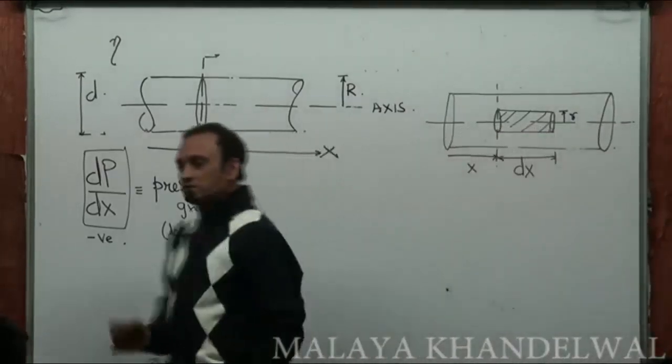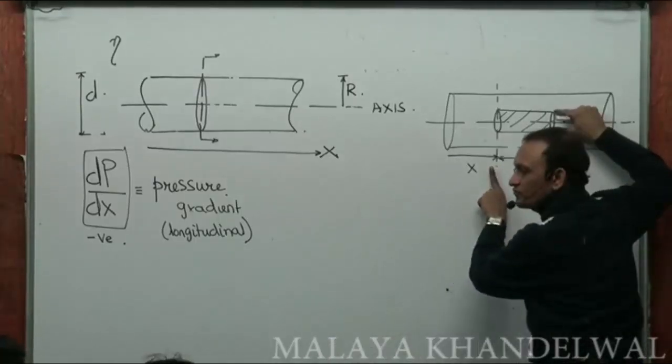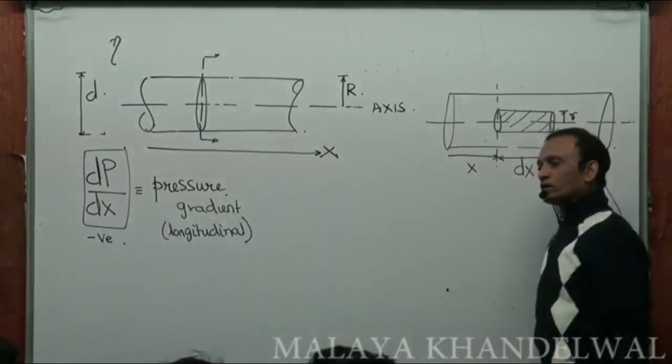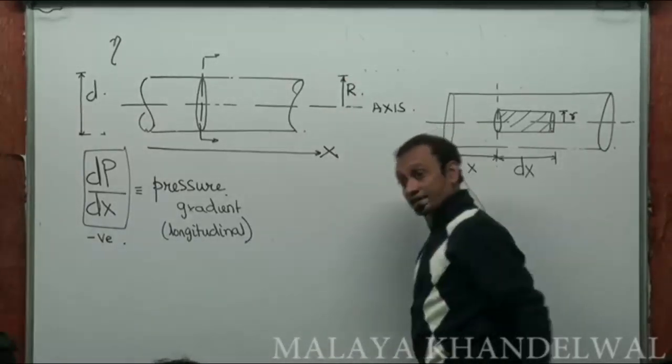This is a cylindrical fluid element in this pipe at a distance x. Small r varies from 0 to capital R actually.